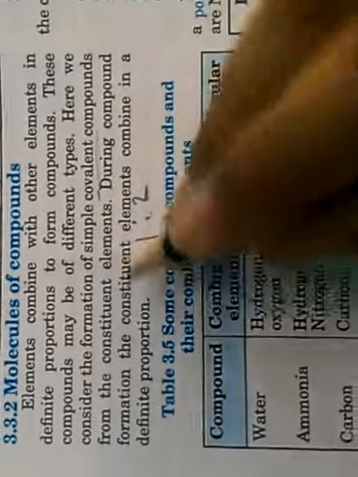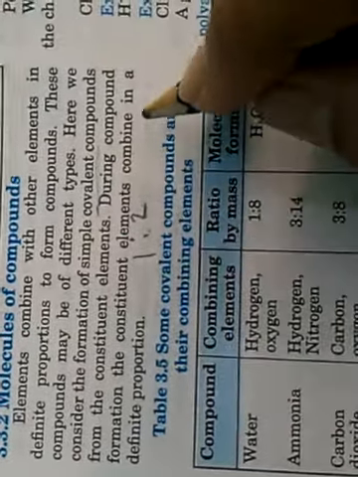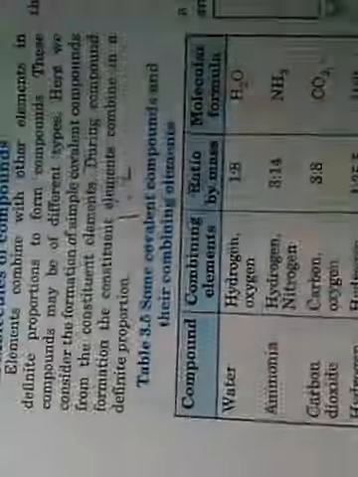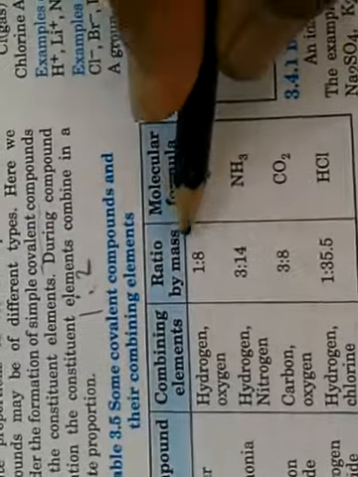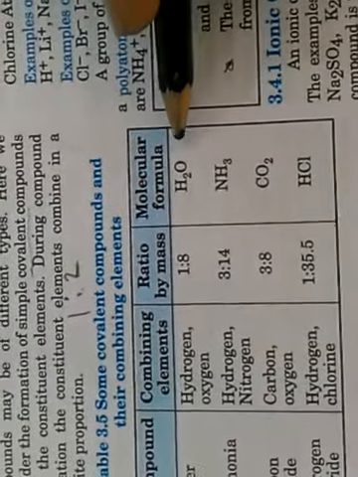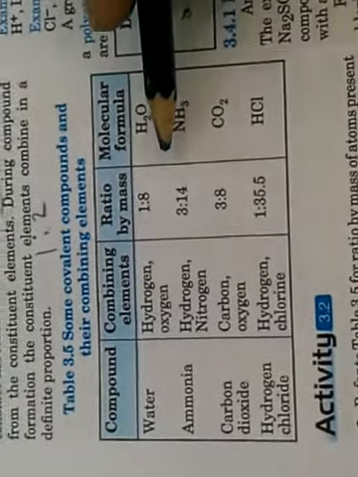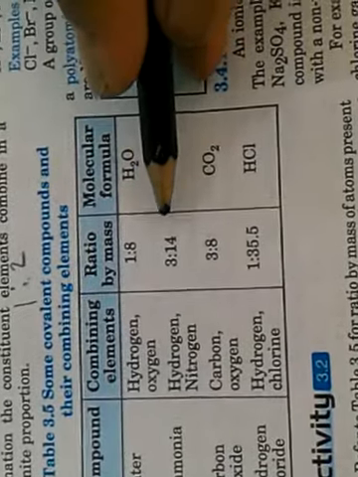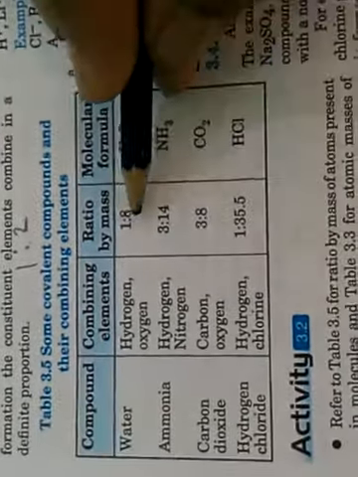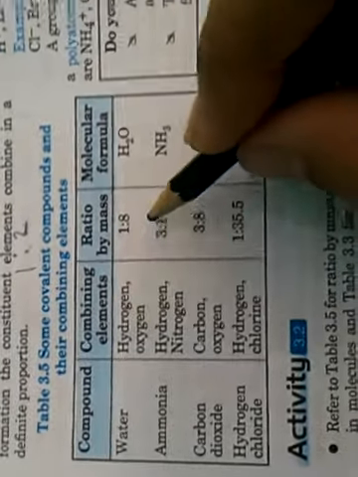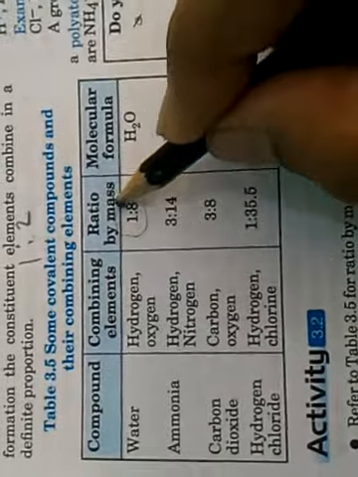During compound formation, the constituent elements combine in a definite proportion. For example, hydrogen and oxygen, ratio by mass 1:8, molecular formula H2O. Ammonia, hydrogen and nitrogen, ratio by mass 3:14. If I am making water anywhere, or collecting water from anywhere, the ratio by mass will remain the same, 1:8, at all places.